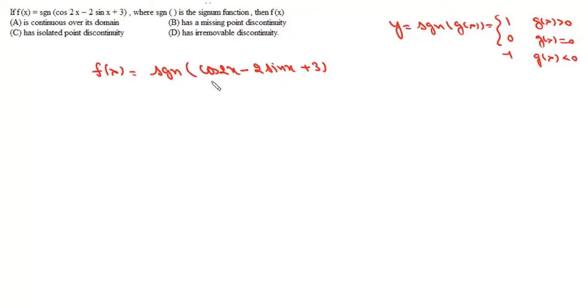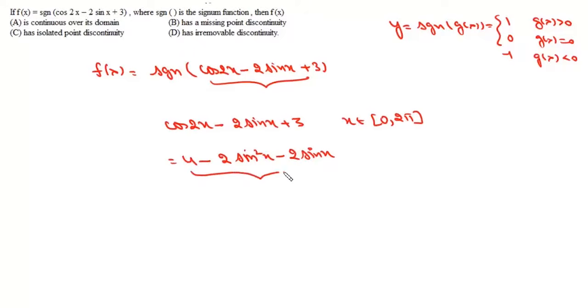Now what we'll do is we'll find a range for this function. So we look at cos 2x minus 2 sin x plus 3 when x belongs to 0 to 2 pi. Now since this function is periodic with period 2 pi, we'll work out the solution in one period.